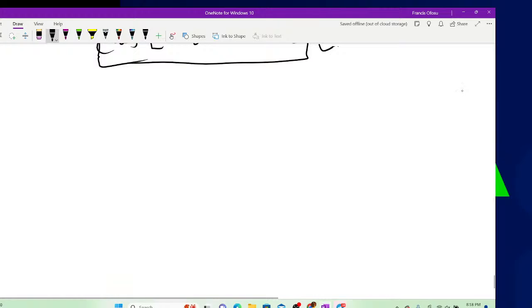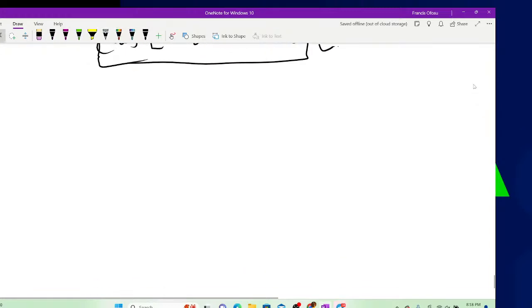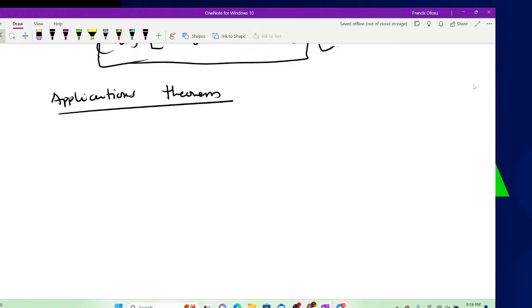Now, what's the usefulness of the De Moivre theorem? That is the applications of De Moivre theorem. So for applications of De Moivre theorem, let's see some problems here.